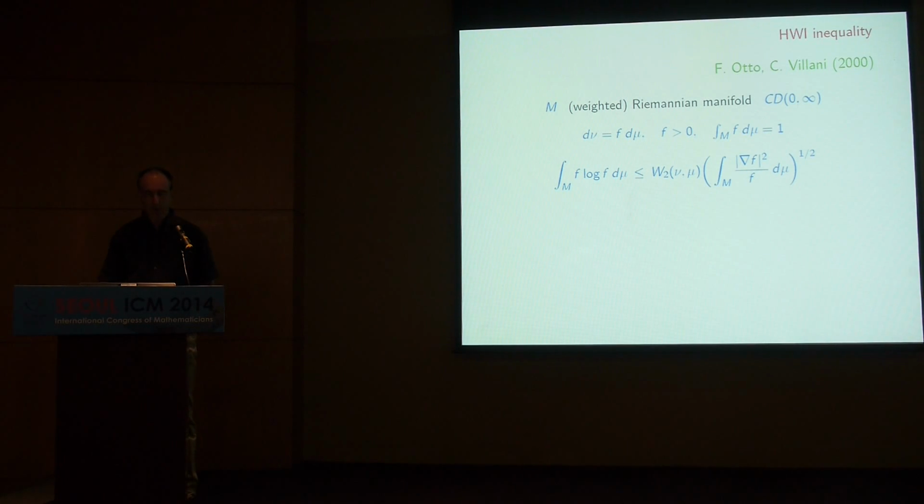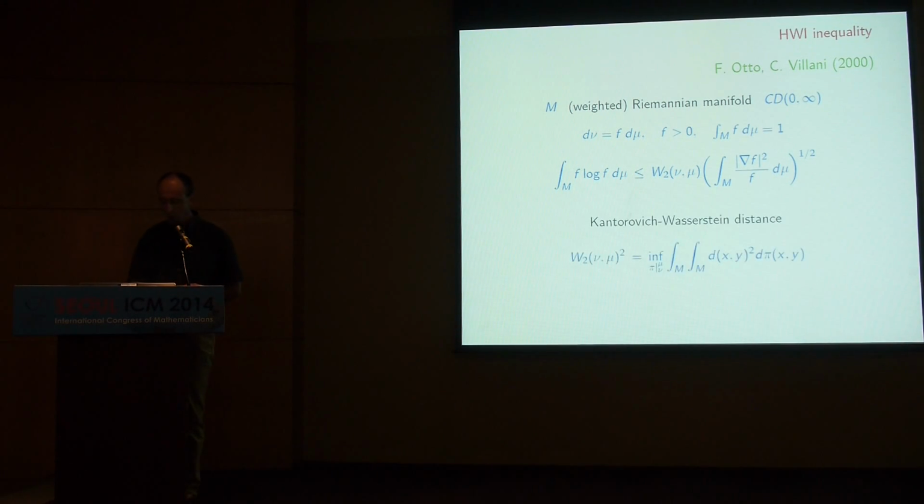So this inequality is a kind of strengthening of the logarithmic Sobolev inequality via a new term here. So here is the relative entropy, here is the Fisher information, and in between you have the so-called Kantorovich-Wasserstein distance between the two measures, namely the initial measure nu, which is the Riemannian or weighted Riemannian measure on your manifold, and the measure with density f.